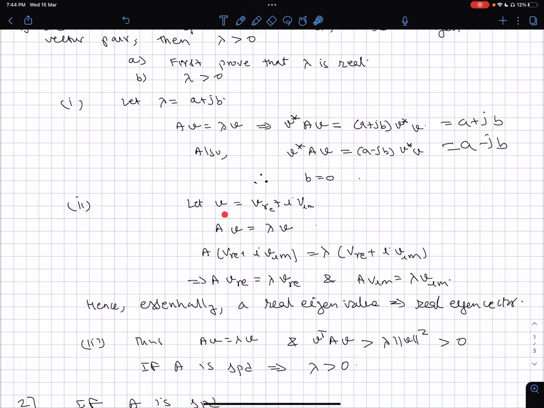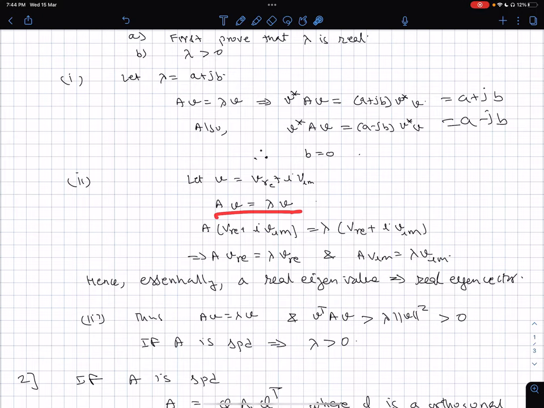Now, this automatically means that the eigenvector is also real. There is a real eigenvector corresponding to the real eigenvalue. So for that, to the contrary, you assume that it has to be necessarily complex. Then the eigenvector can be written as a combination of the real part and the imaginary part.